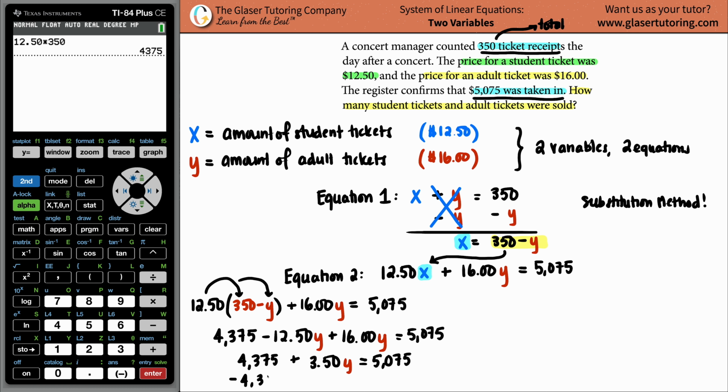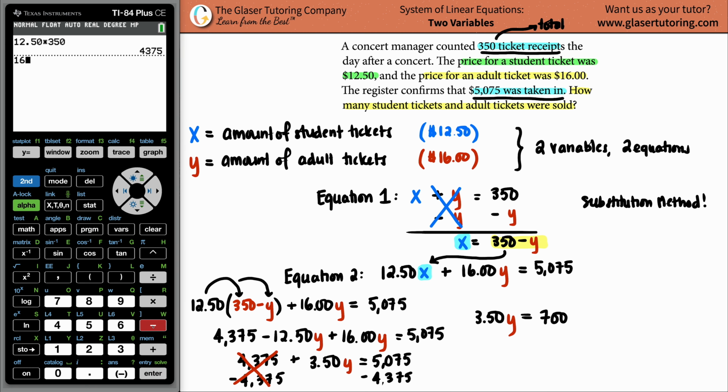So minus 4,375. And now I'm running out of room here, so I'm just going to go over here. So this would be 350 times by y equals, what do we got here? 0, 0. This is the same thing as 10. So 700. I'm just going to make sure about that.